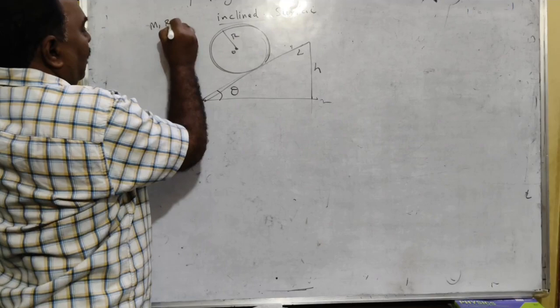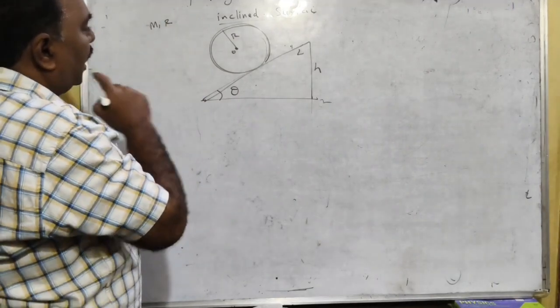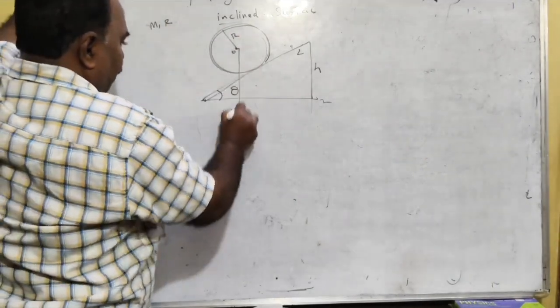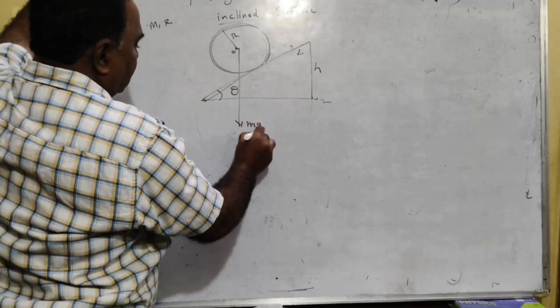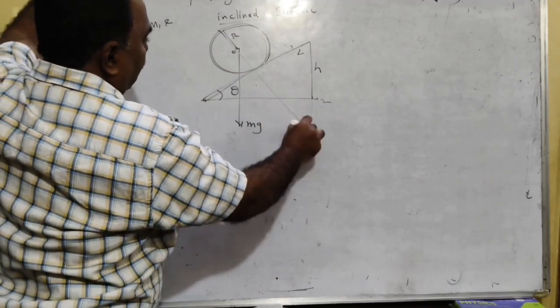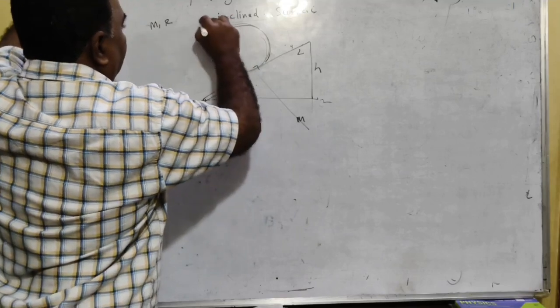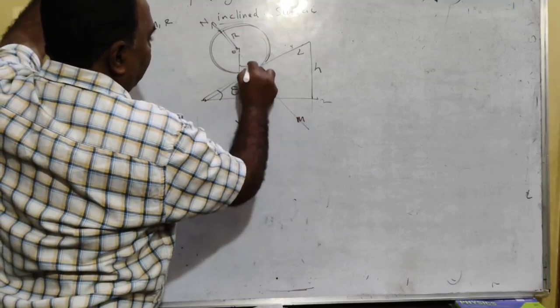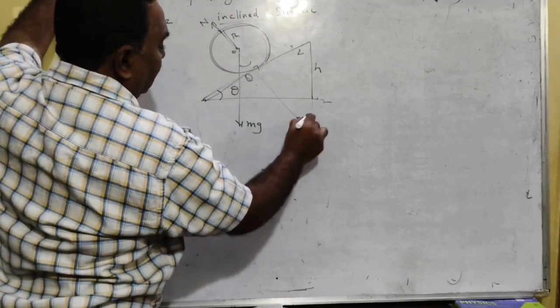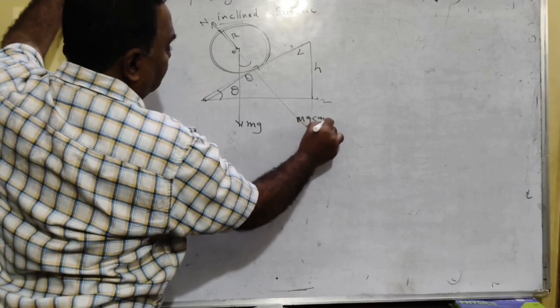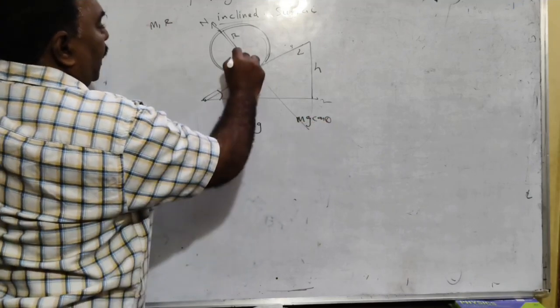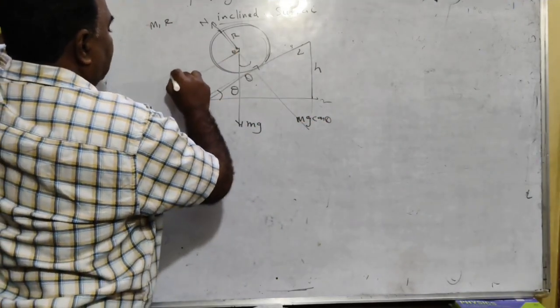Its radius is r, and due to gravitational force, mg acts downwards. The normal force acts upwards, perpendicular to the surface, and is balanced by the component mg cos theta. If this angle is theta, mg has two components: mg cos theta perpendicular to the surface, and mg sin theta parallel to the surface.